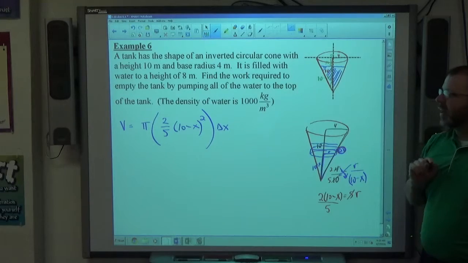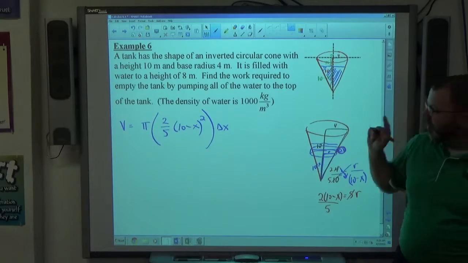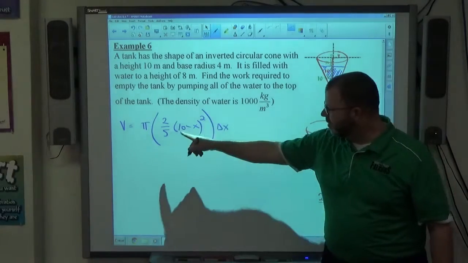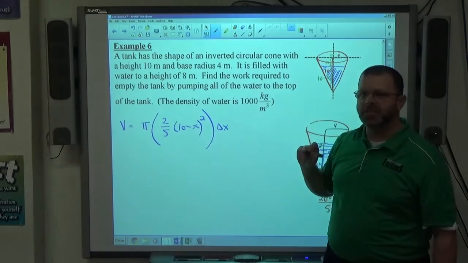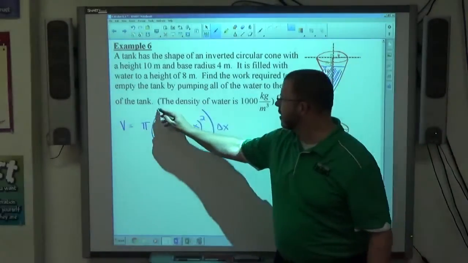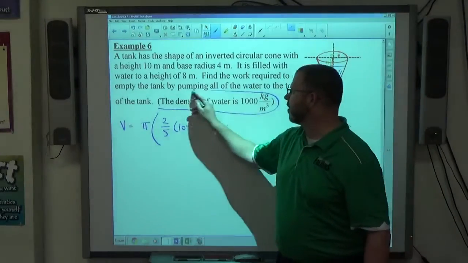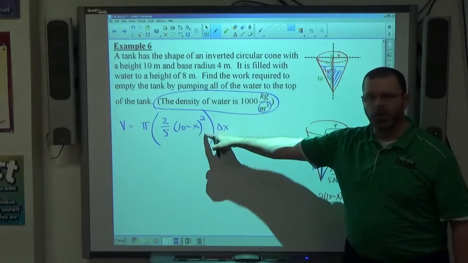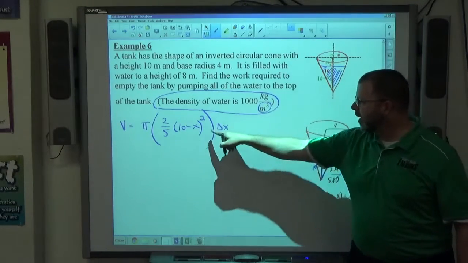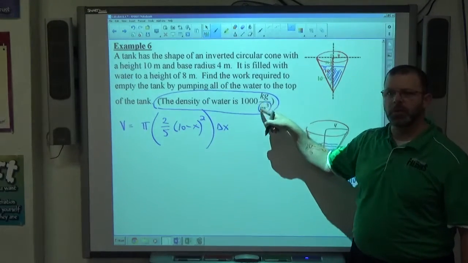So, next thing I need to do is find the mass of the water. This is cubic meters, right? And you can see here the density of the water is 1,000 kilograms per cubic meter. So we have cubic meters of volume. If I multiply cubic meters times kilograms over cubic meters, that gets me kilograms.